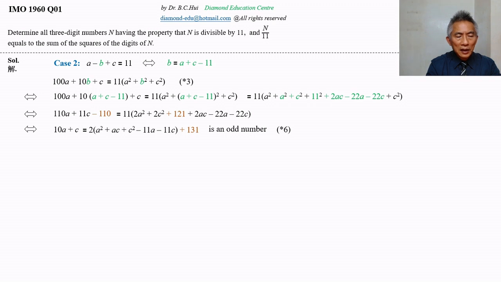Now we get 10a plus c equals 2 times open bracket a squared plus ac plus c squared minus 11a minus 11c close bracket plus an odd number 131. So 10a plus c is an odd number, and c should also be an odd number, which means c should equal 1, 3, 5, 7, or 9.